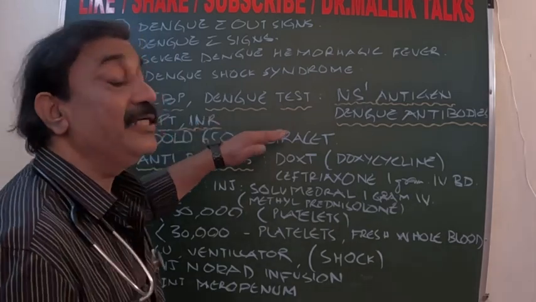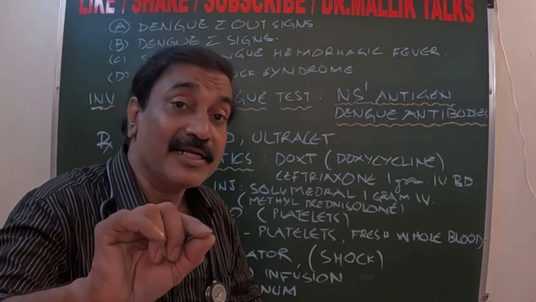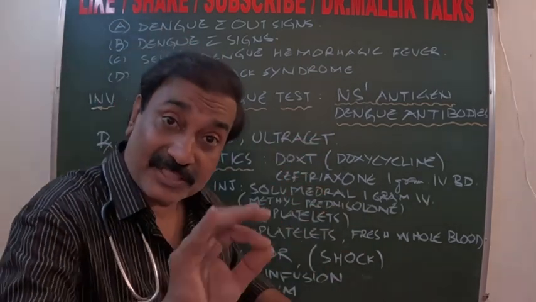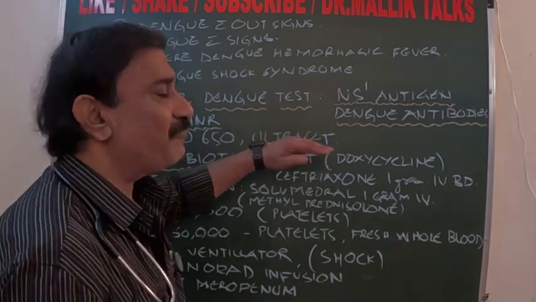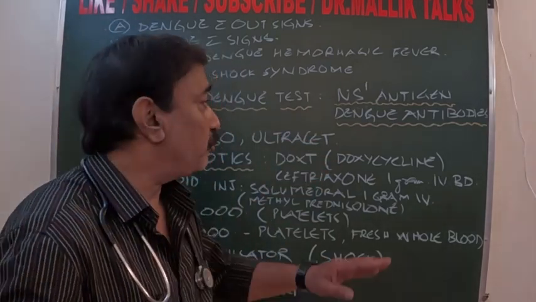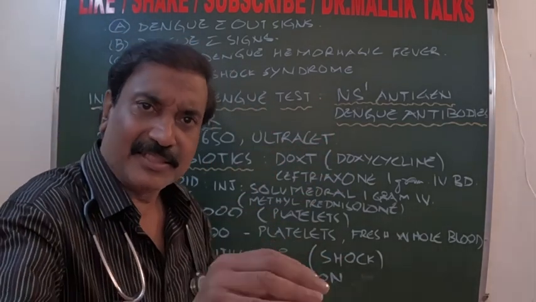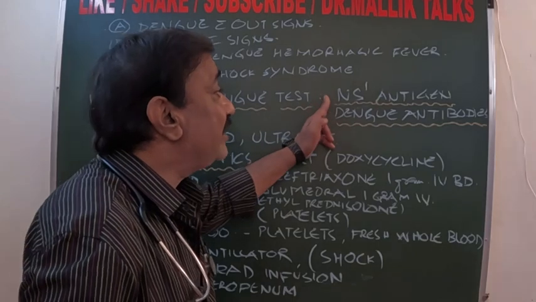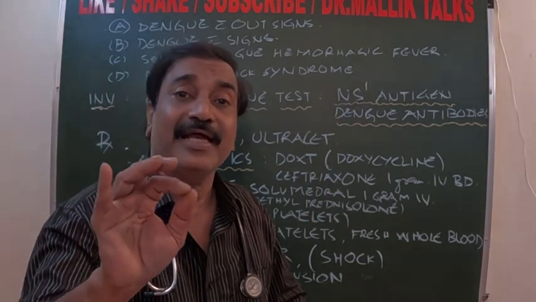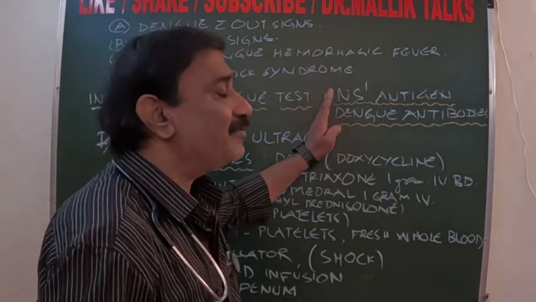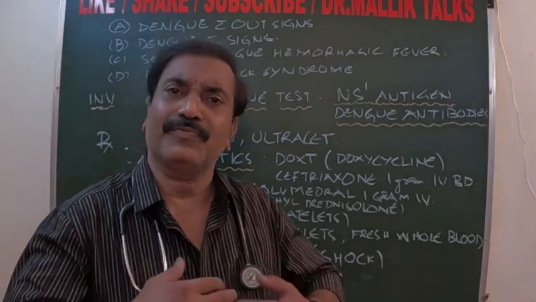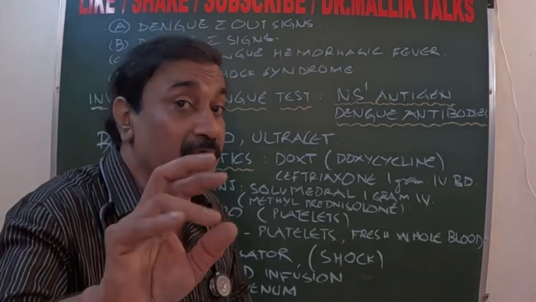And number two, the dengue test. You must get it done as early as possible in the first week. The first test that becomes positive, from the second or third day, is the NS1 antigen, the dengue antigen. From the second day onwards, it becomes positive up to 1 week.